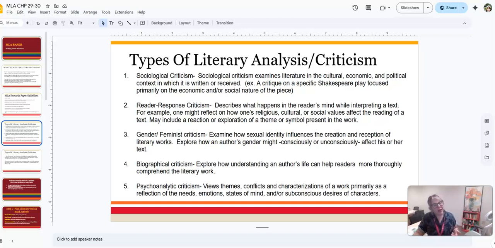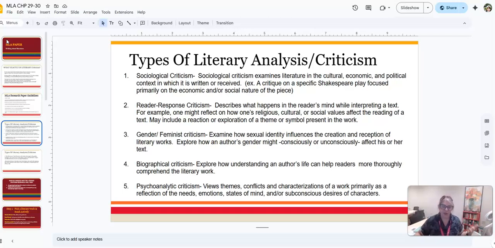For this paper, I don't think a reader response would be the best option. I, of course, wouldn't want to tell you not to do it. But one of the dangers of a reader response is that sometimes you can retell the story. You get into a flow where you're like, and then the governess went upstairs, that type of thing. And also the research part is a little more difficult. But if you think you can do it and you want to run some notes by me, please do.